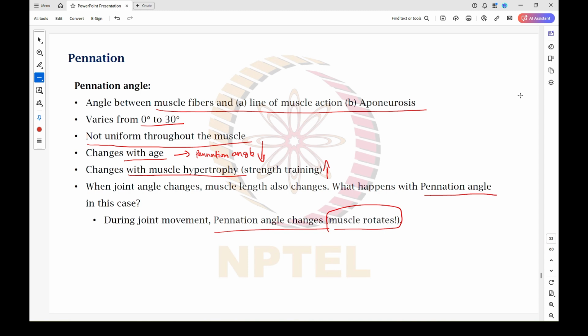However, the pennation angle you would observe in scenario A might be different from scenario B, even within the same muscle, because the pennation angle is specific to the particular problem you are looking at. So, during joint movement, the angle changes.